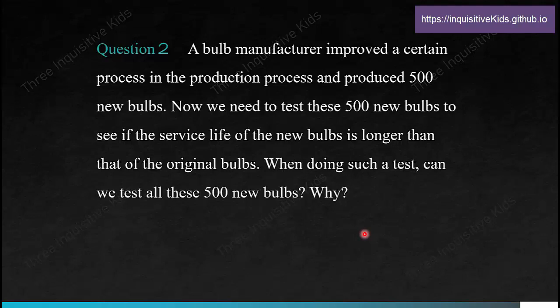The service life is how long it's going to be lighting up. Usually the longer the service life, the longer you can use it, which is better. So when doing such a test, can we test all 500 new bulbs? Why or why not?